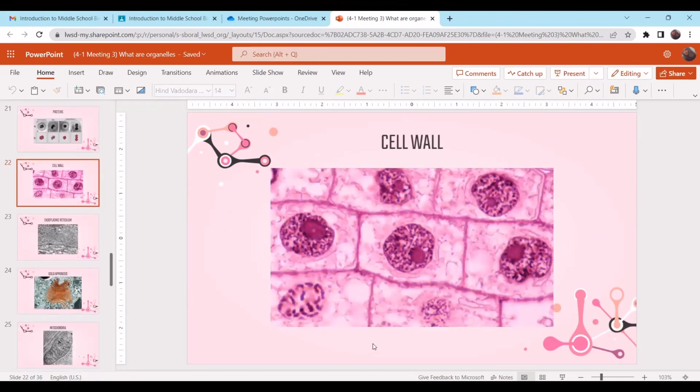These pink borders you can see outside are the cell walls, and this picture is of an onion root tip. These pink outlines are the cell wall. You can see the nucleus and the nucleolus clearly inside the cell. Whatever the rest of the cell is, is the cytoplasm.